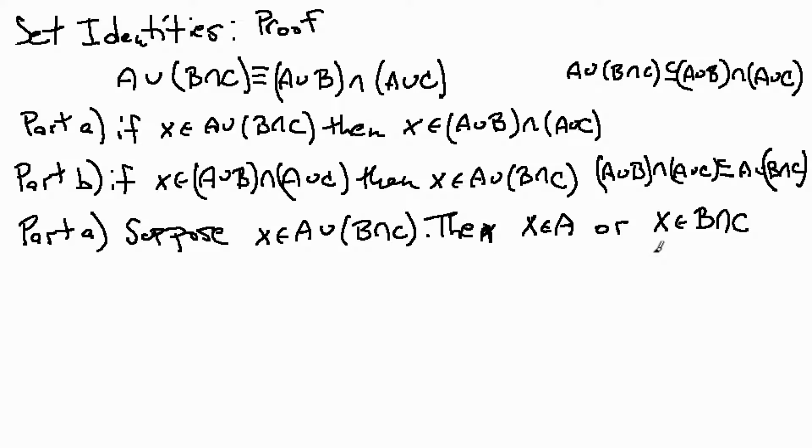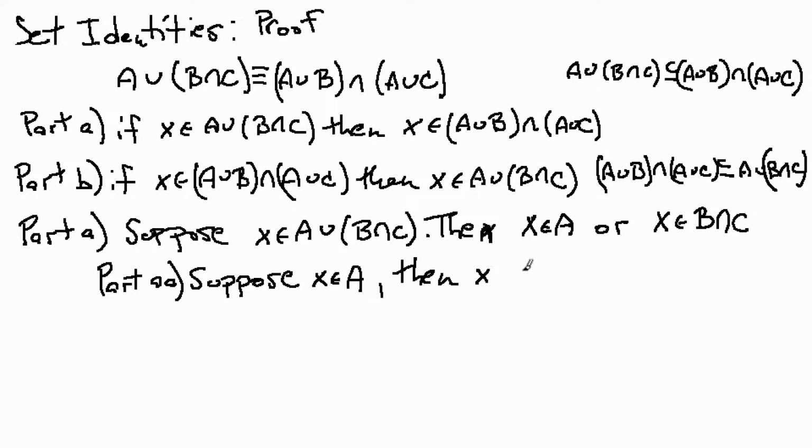So this proof is getting a little bit complicated. Remember, so far we're only working on part A. So I'm going to come over here and I'm going to say part A. And I say, suppose X is an element of A. Now, if X is an element of A, then X is also an element of A union B. And this is one of the identities that's given in this section, but I ask you to think about it.